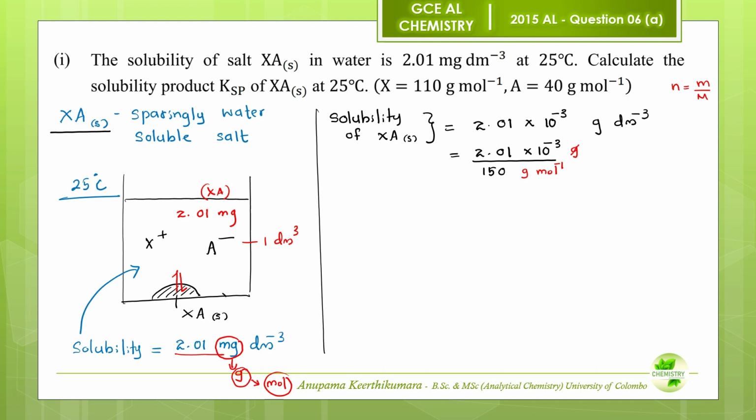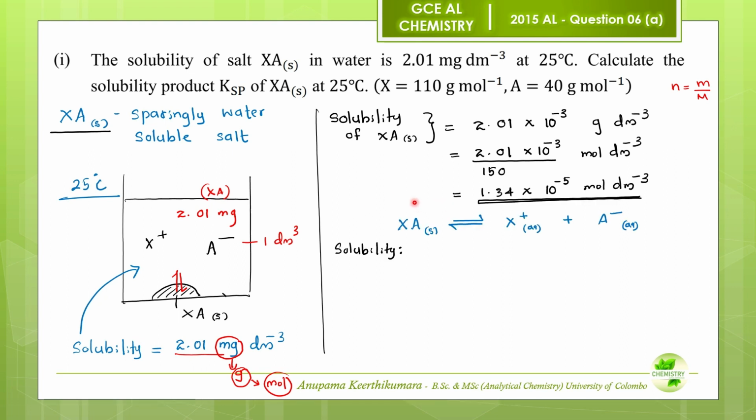Grams and grams cancel out. This gives the unit of moles, so it's moles per cubic decimeter. Therefore, the solubility of XA is 1.34 times 10 to the negative 5 moles per cubic decimeter.